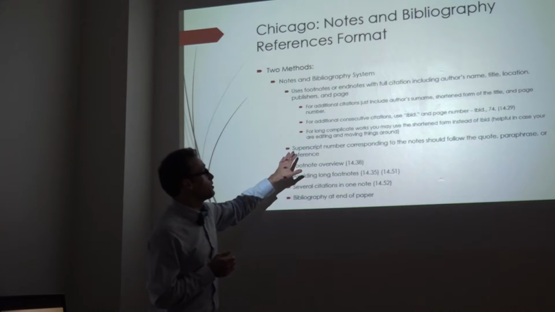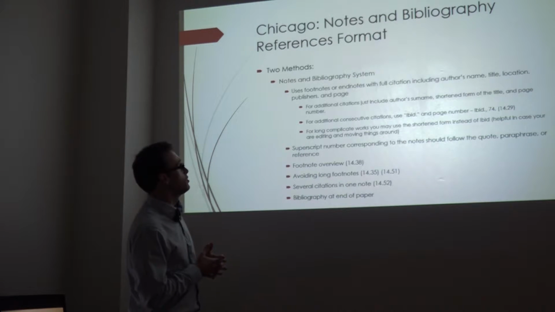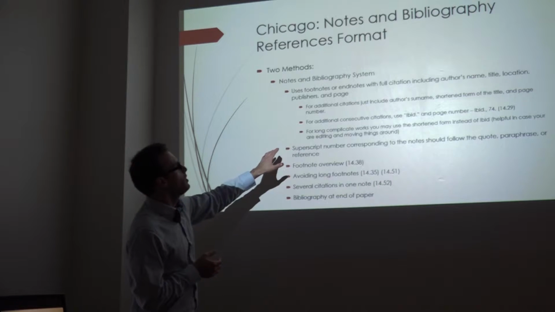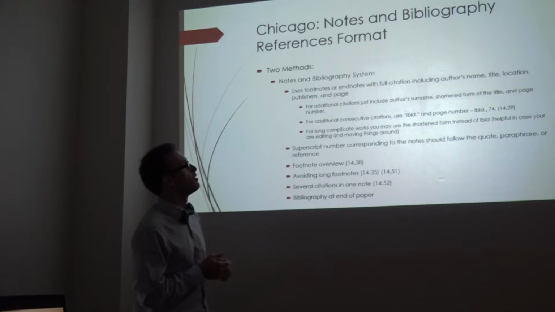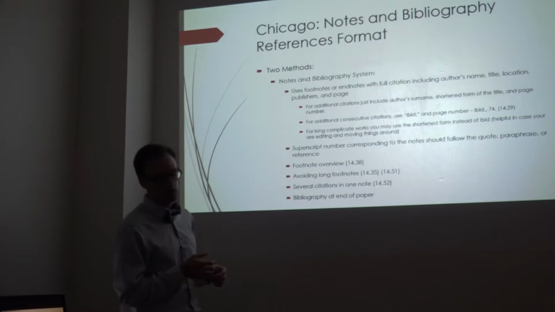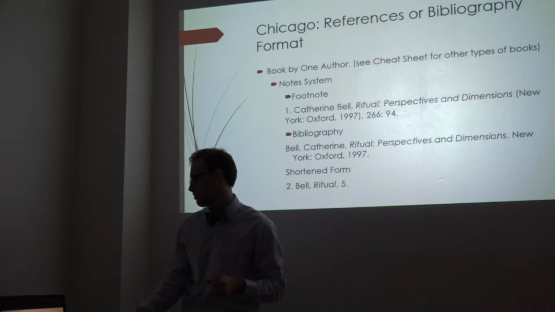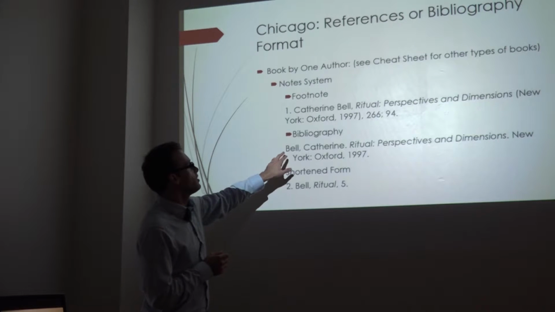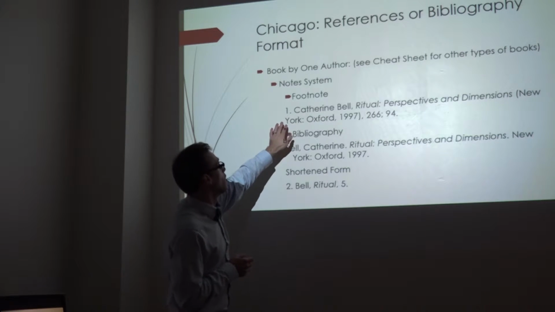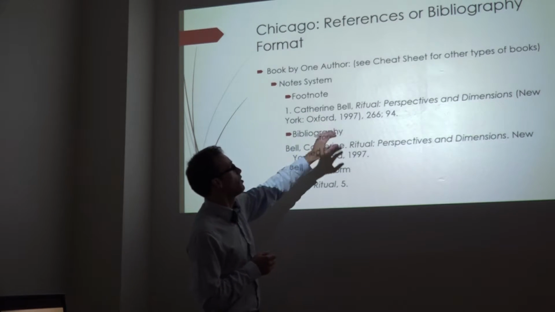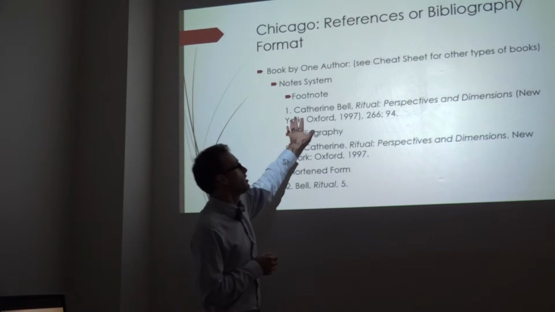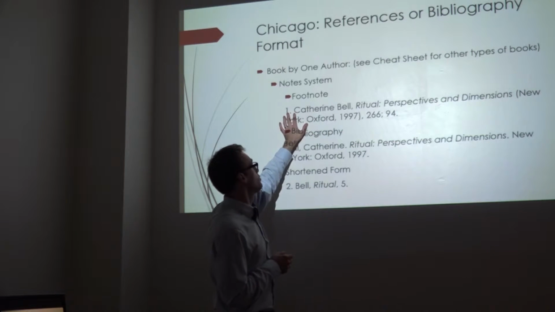What I would recommend doing, and Chicago allows you to do this, is use a shortened form instead of ibid. I think I gave the example right here, I'll go back. This is the long version: Catherine Bell, Ritual Perspectives and Dimensions. So I give all the publication information.